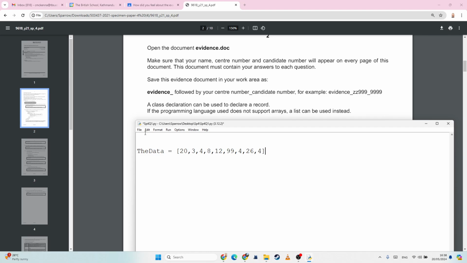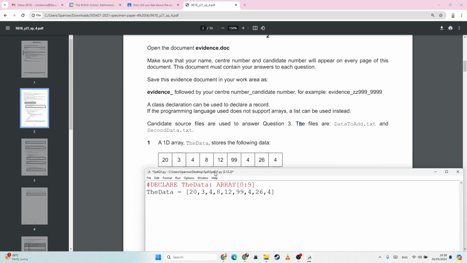So I can start with a line saying declare the data, and that's going to be an array. And what did I say? 0 to 9, was it? 0, 1, 2, 3, 4, 5, 6, 7, 8. Oh, 0 to 8.